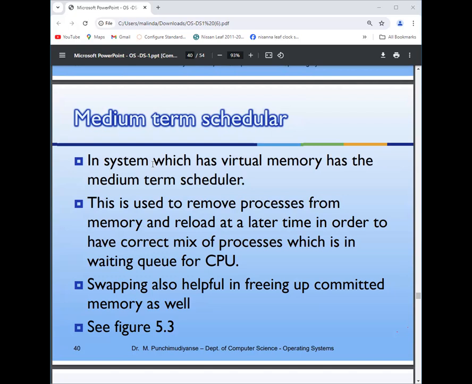That means we allocate a disk space which acts as additional memory space for the RAM. So we call it virtual memory.